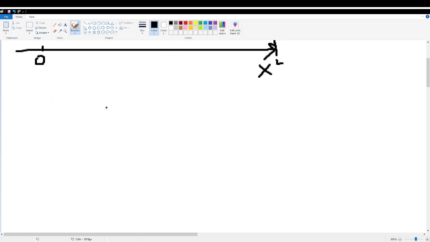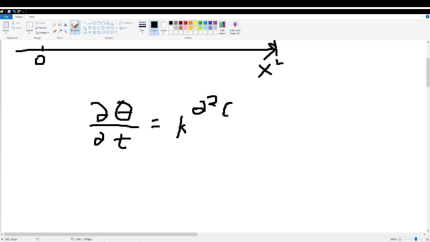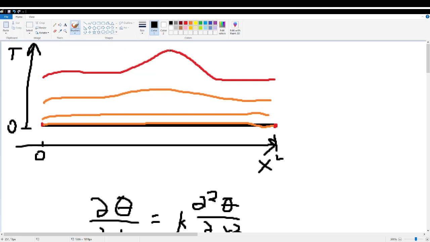So the heat equation looks like this. Del theta del t is equal to a constant multiple of the second derivative of the function with respect to position, right? How can we interpret this physically? Well, we can see that the sharper the difference the temperature is compared to its surroundings, the faster that temperature will equilibrate.